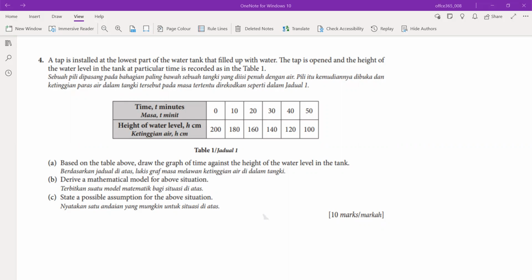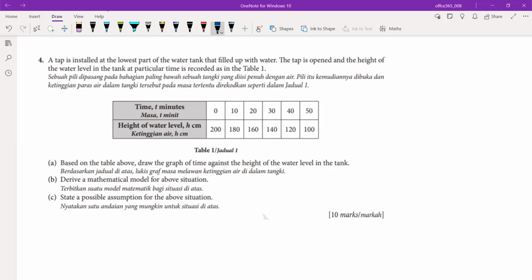Okay, Ki done, ready? So draw the graph of time against the height of the water level in the tank. So draw the graph of time. So this question, if you want to solve, you have to know how does it actually do and solve, right?